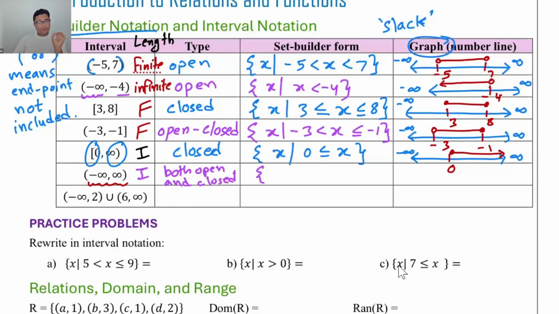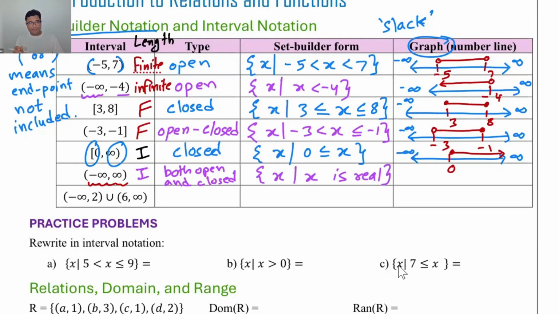Both open and closed. And what would the interval notation be? Just all real numbers. So what can I say? You can say negative infinity less than x less than infinity. That's all right. I'll simply say x is real. That's all real numbers.